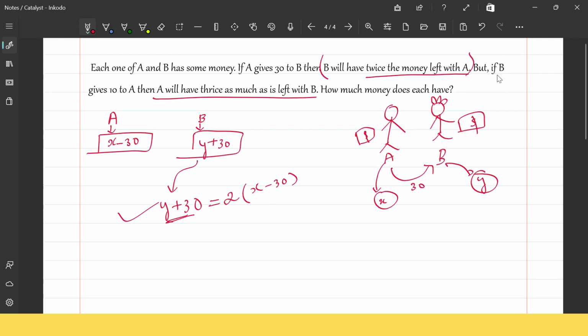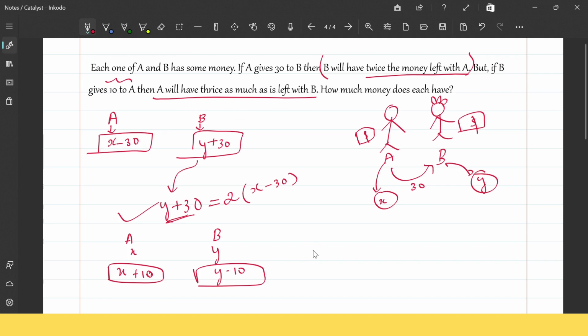Next they are telling, if B gives 10 to A, again you solve it like this. A had X rupees, B had Y rupees. If B gives 10 to A, how much will B have now? Y minus 10. How much will A have? X plus 10. Correct? Then what are they telling?